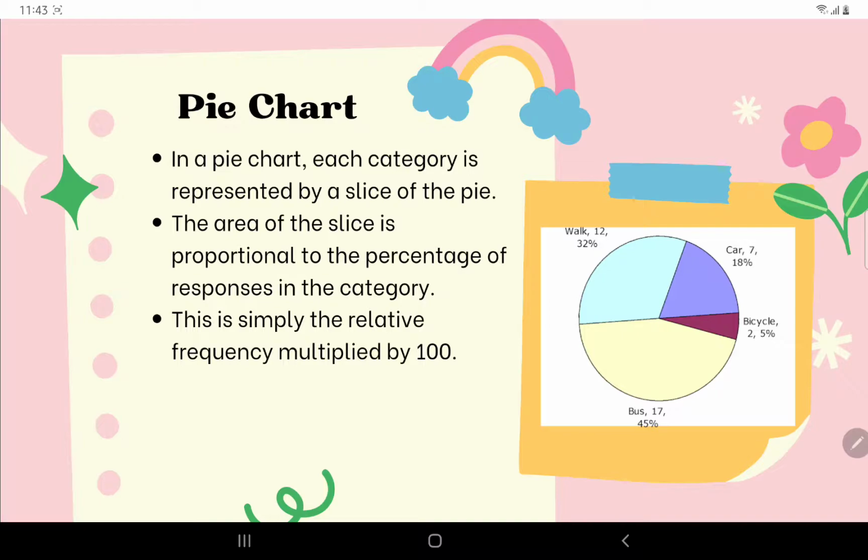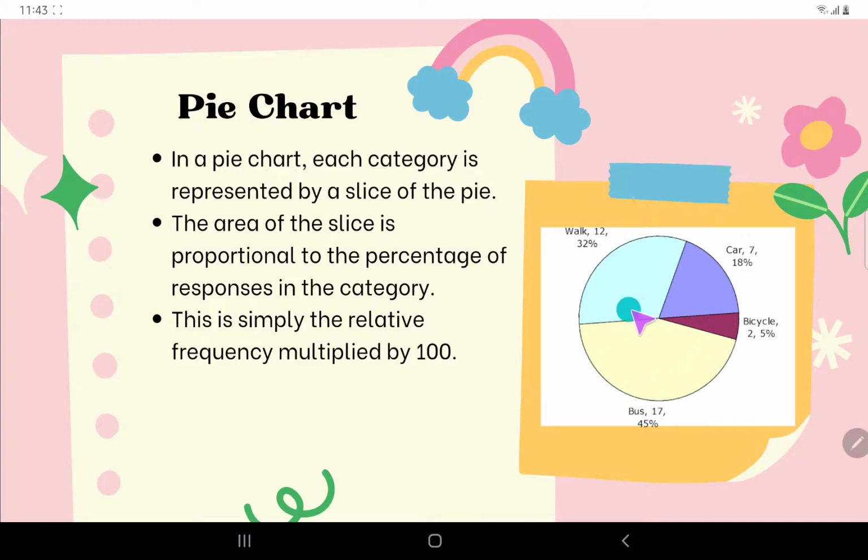In a pie chart, this chart can be used to represent categorical data. It consists of one or more circles that are divided into sectors. The sectors show the percentage or the proportion of the number of objects in each group or category.